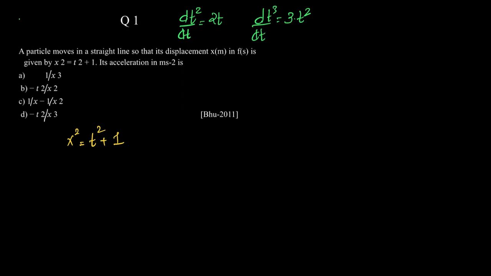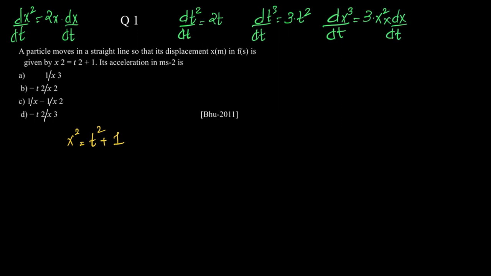But at the very same time, d by dt of x square, if x is not a constant, I repeat, if x is not a constant, is equal to 2x into dx by dt. Again, if x is not a constant, d by dt of x cube is equal to 3x square into dx by dt.